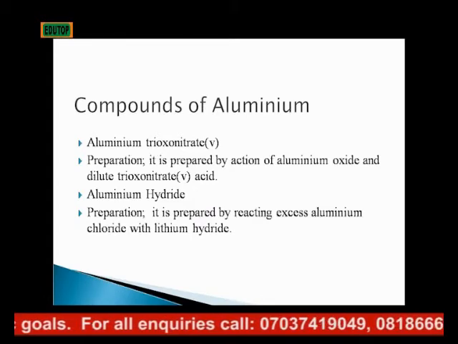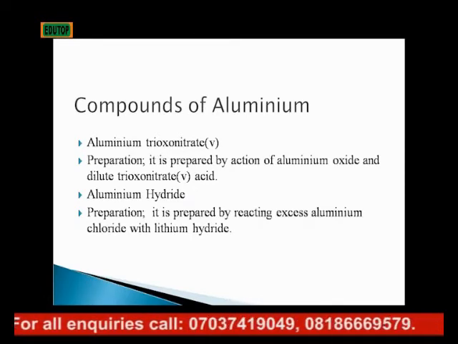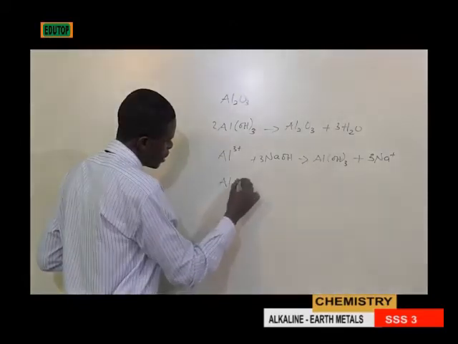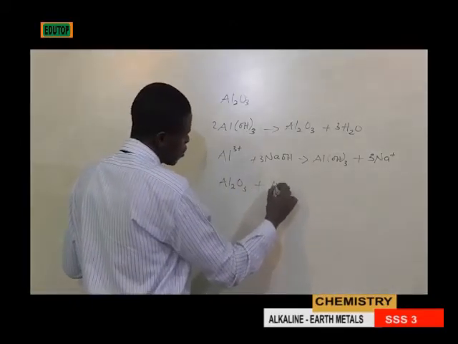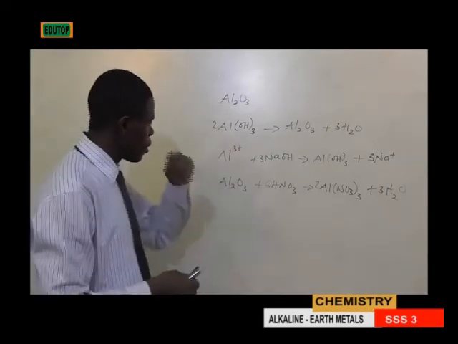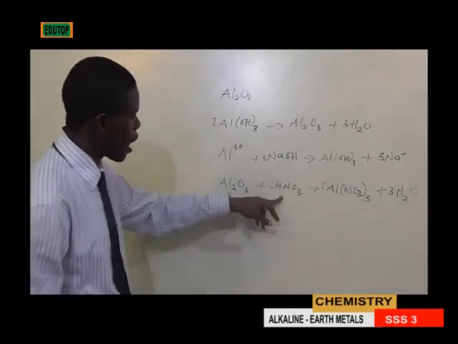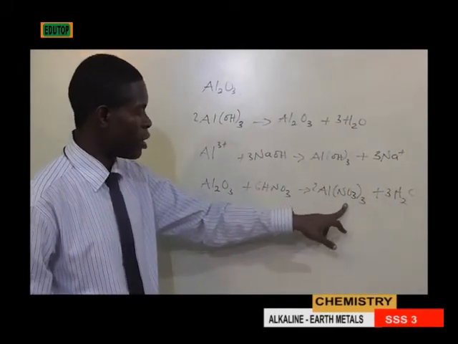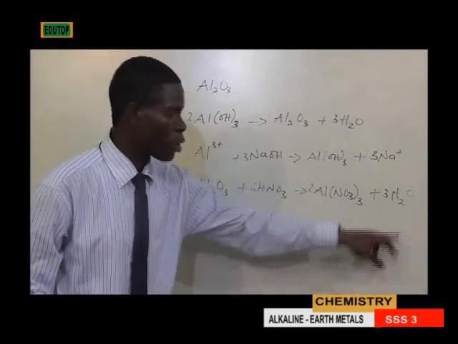Preparation. It is prepared by the action of aluminium oxide on dilute trioxonitrate 5 acid. So here, aluminium oxide combines with trioxonitrate 5 acid to give aluminium nitrate and water.